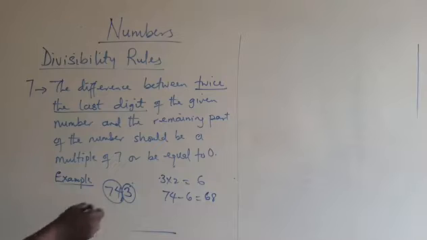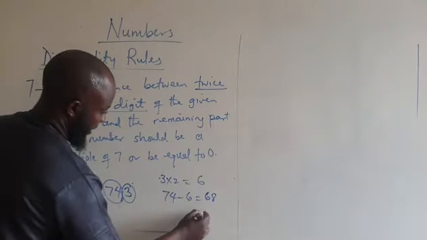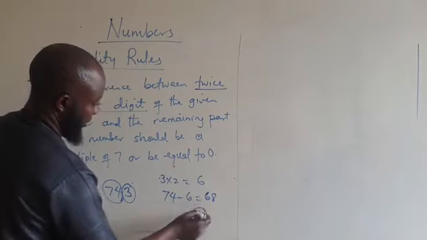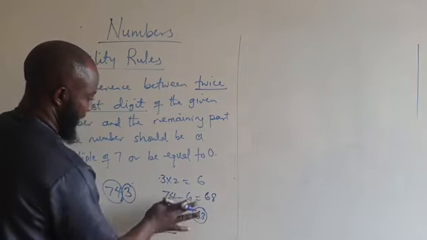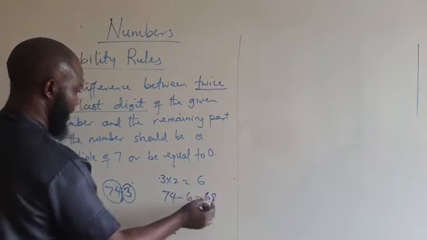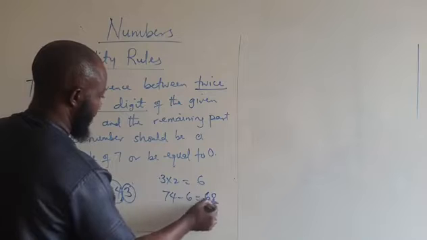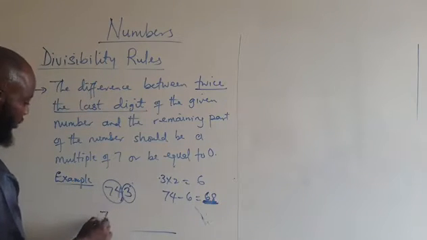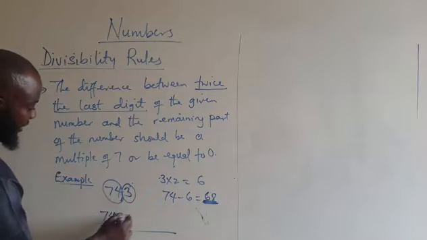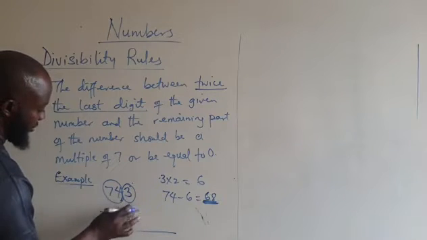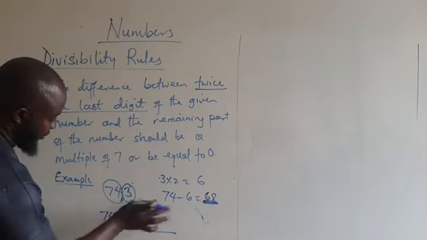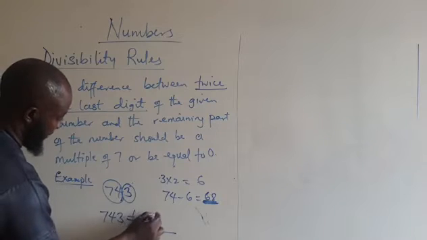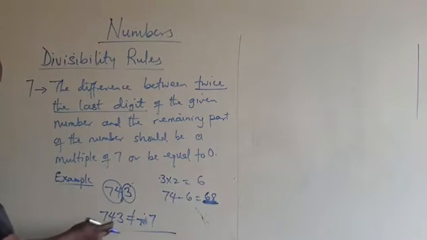No, because 63 is divisible by 7, so 68 cannot be divisible by 7. So because 7 cannot divide this one, it's not a multiple of 7. So we can conclude that 743 is not divisible by 7. 7 cannot divide this exactly.